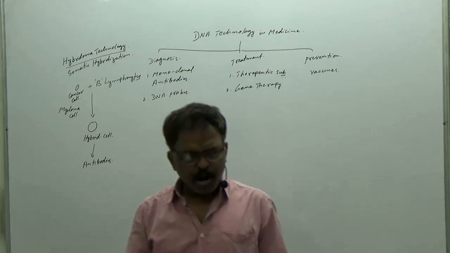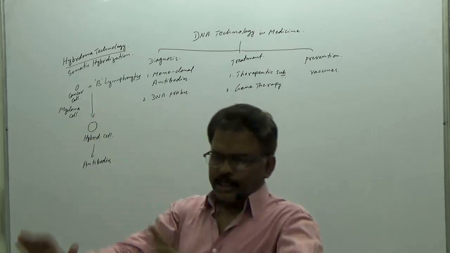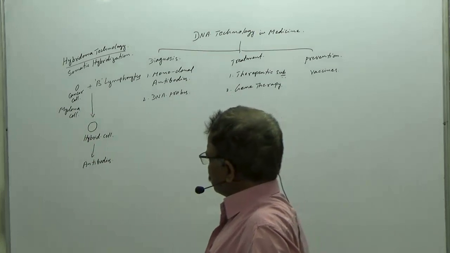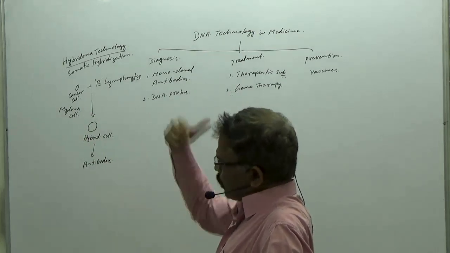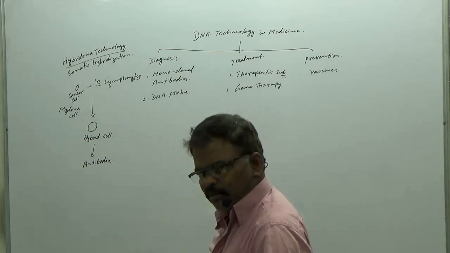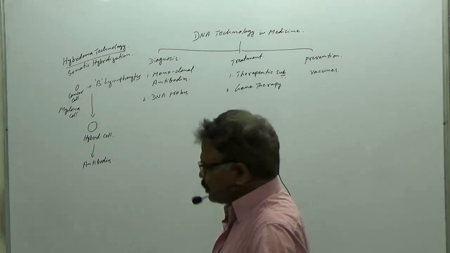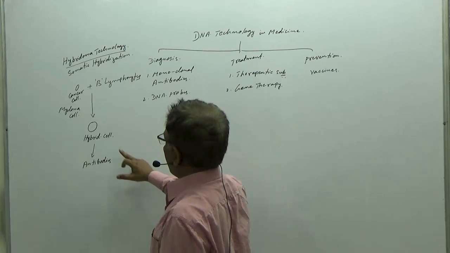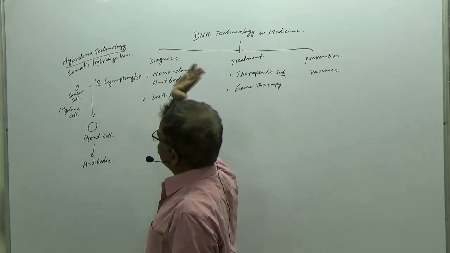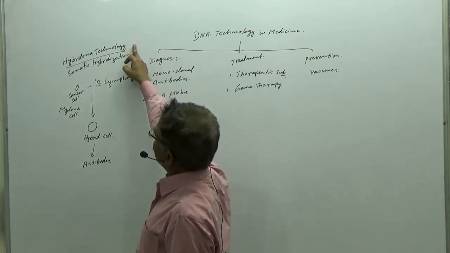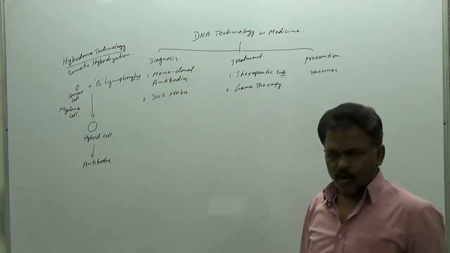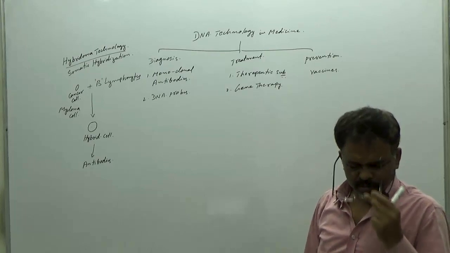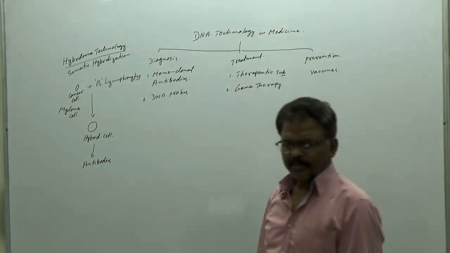That means the cells produce an abundant quantity of antibodies. Then after extracting those antibodies and cleaning, they supply them to the market. The antibodies produced in hybridoma technology are known as monoclonal antibodies.